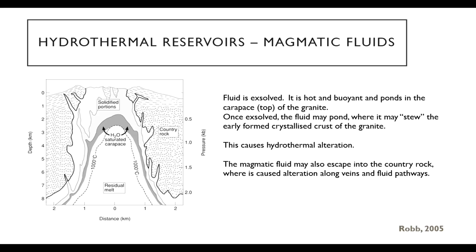This fluid alters the top part of the granite and the country rock and produces certain types of mineral assemblages related to that movement of fluid, its hydration, its cation exchange, etc., changing of pH, and we can form different offshoots of veins, whereas potentially down here you might have more of an effect of secondary boiling.